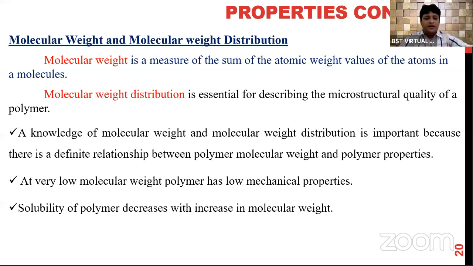Now if you are targeting a dosage form to the intestine, not the stomach, then what you have to do? You have to select a polymer which is insoluble in acidic medium and soluble in basic medium, because the pH of the stomach is acidic and the pH of the intestine is basic.